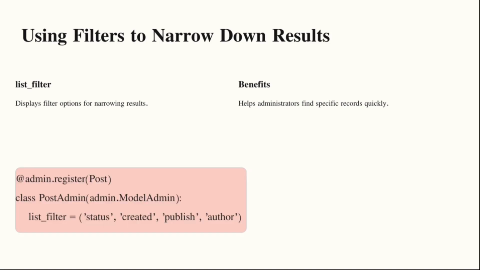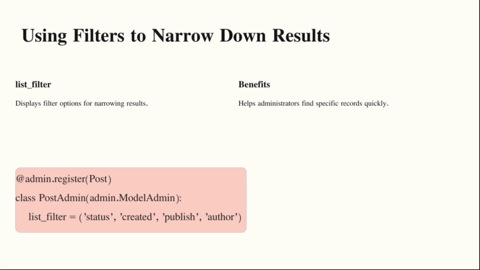Next, we'll improve data navigation by adding filters. The list_filter attribute lets you display filter options in the sidebar, allowing the administrator to narrow down results based on specific fields. For example, this setup adds filters for post status, creation date, publication date, and author. It's incredibly helpful when dealing with large data sets, as it lets you quickly segment and find the records you need.